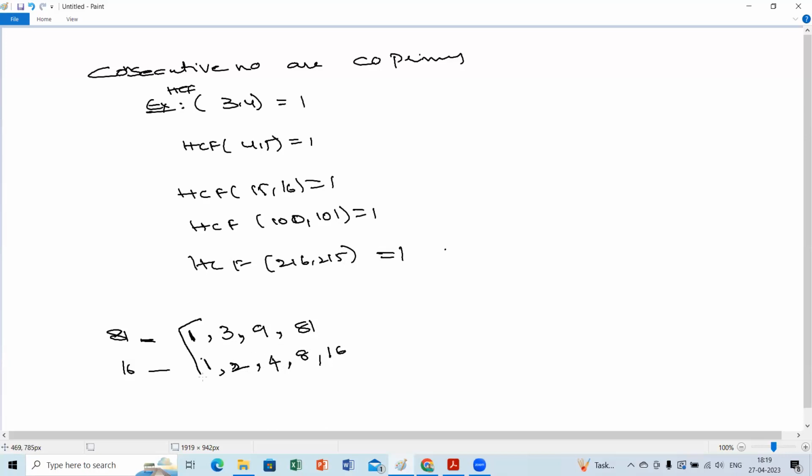What are the common factors here? The common factor as well as the highest common factor is 1. So can we call 81 and 16 co-primes? Yes, ma'am.